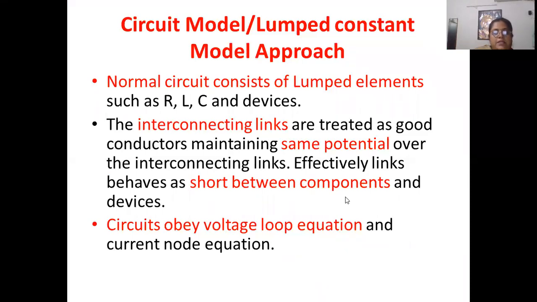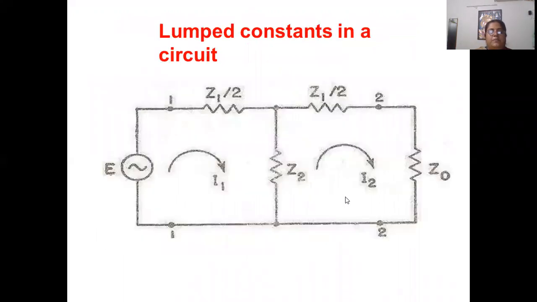The interconnecting links are treated as good conductors, maintaining the same potential over the interconnecting links. Effectively, links behave as shorts between components and devices. Circuits obey voltage loop equations and current node equations. This is the circuit which is showing the lumped constants in a circuit.